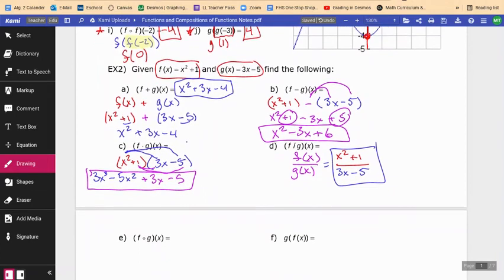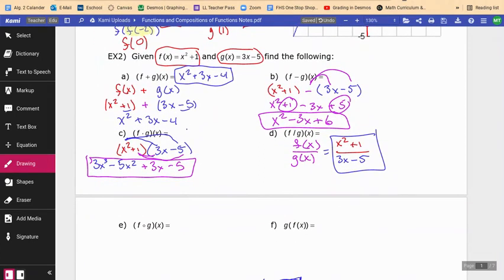And then this is where it gets tricky. Remember E is basically saying f of g of x. This time I don't have a value, I just have a function.